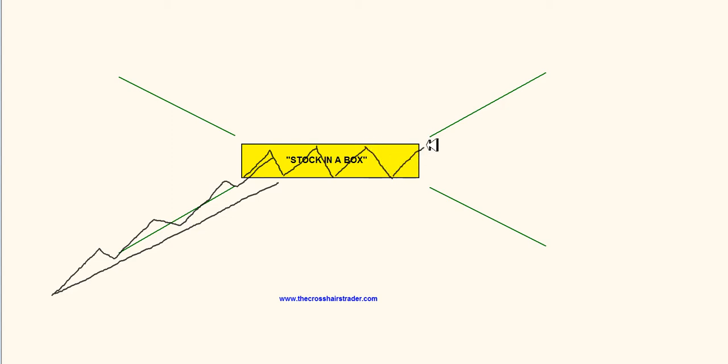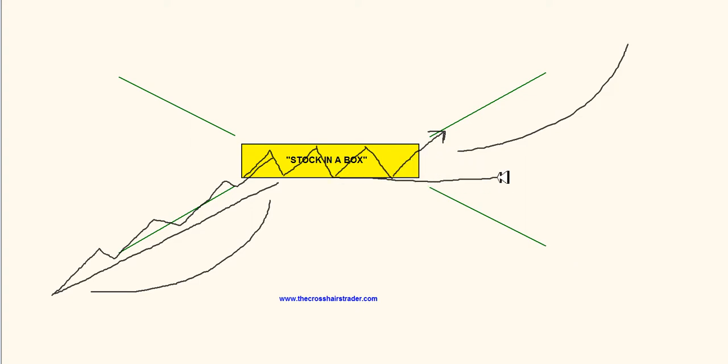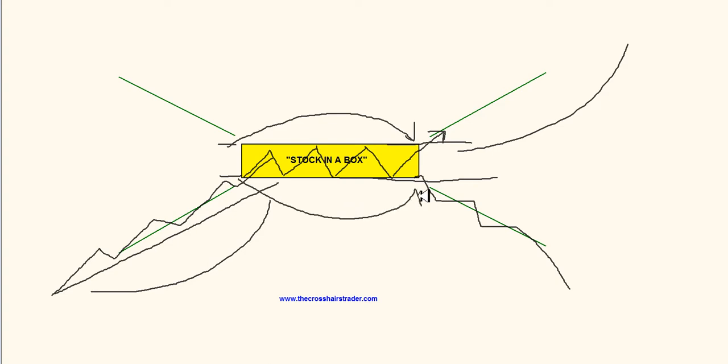And then a decision is made to either continue that previous trend, or the decision will be made to break the support level that has been established in the consolidation and begin a possible reversal of trend. So basically the stock in the box will develop the reversal, the support, and then it's either broken to the upside or broken to the downside.